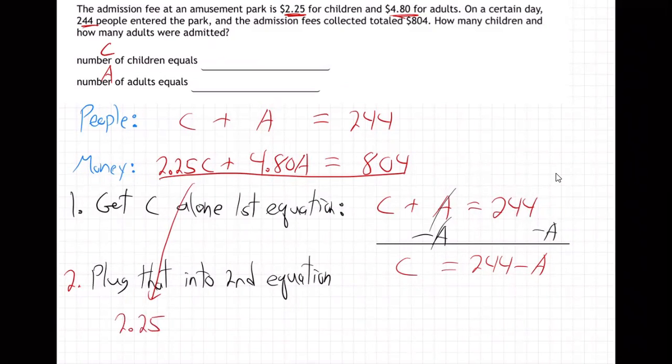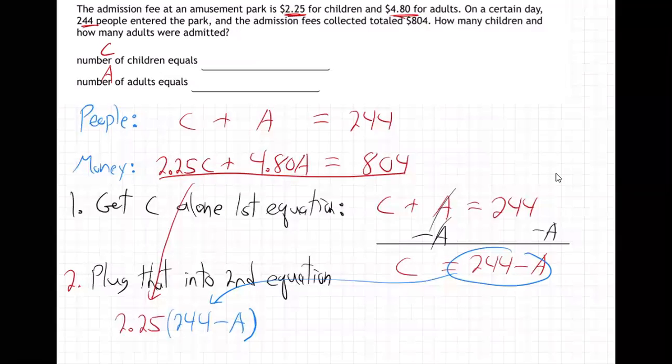2.25 C, and then I'll grab the C right here, plus 4.80A is 804.